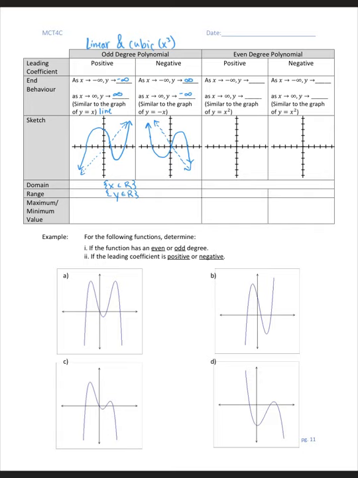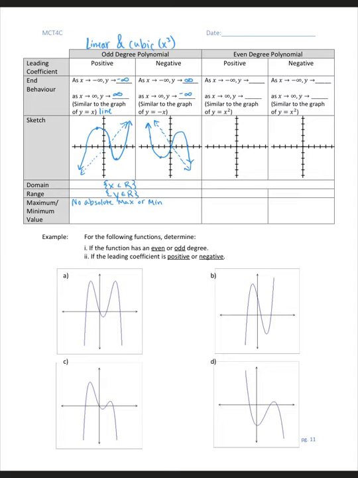In terms of a maximum or a minimum, we would say there's no absolute max or min. But we do have local maximums and local minimums. What I mean by that is if we looked at a particular range of the graph, we could see that we have a local maximum or a local minimum.